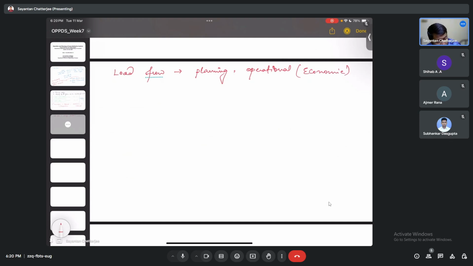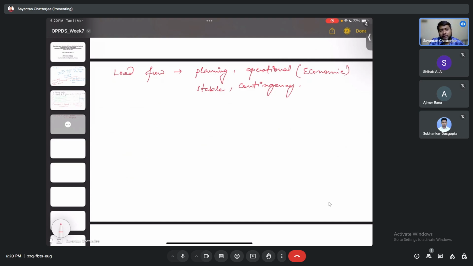And later on using this load flow we can understand whether the system is in a stable operating mode or not, and some contingency analysis we can perform based on the load flow, whether the system is out of operation or not.